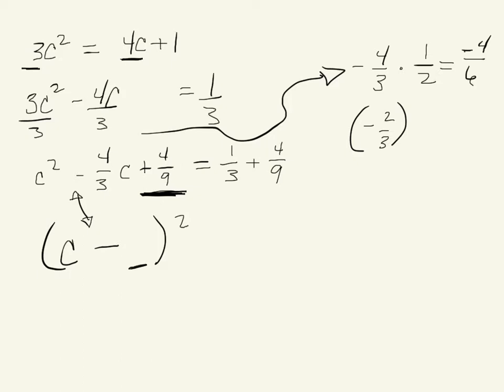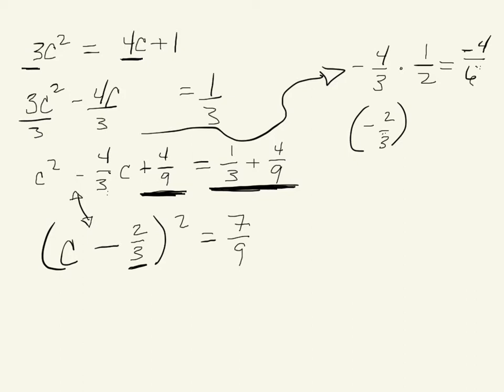It's half of this middle term right here. That'd be 4/6. Remember we figured it up here? 4/6, which is negative 2/3. So that's a negative 2/3, squared, equals, up here we have to add this together. That's 3/9 and 4/9. That's 7/9.